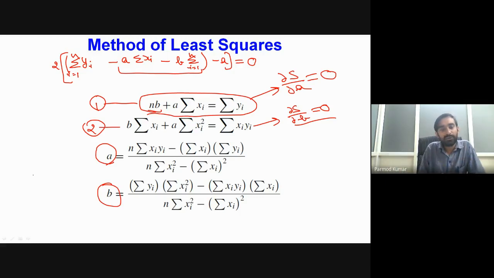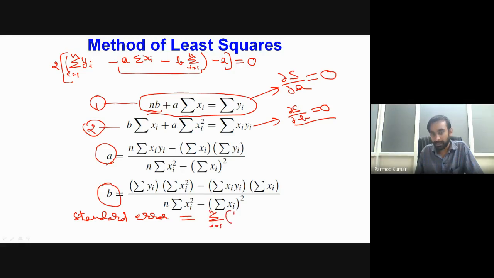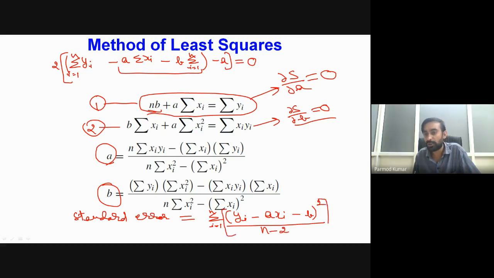Now if we have to find the standard error associated with this fit, the standard error I define will be equal to the summation i varies from 1 to n of (our observed value yi minus whatever we get from the fit, which is a xi plus b) whole square, divided by n minus 2, and this whole raised to power 1 by 2.